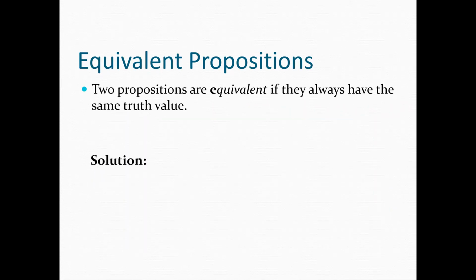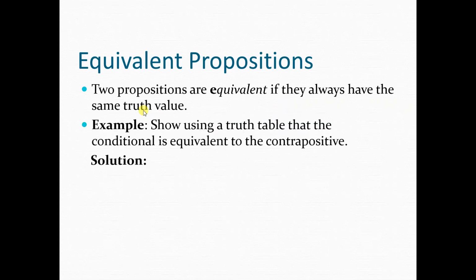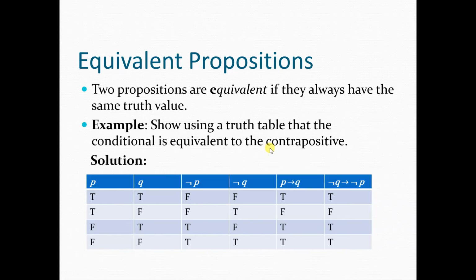Equivalent propositions. Two propositions are equivalent if they always have the same truth value. For example, show by using a truth table that the conditional is equivalent to the contrapositive.